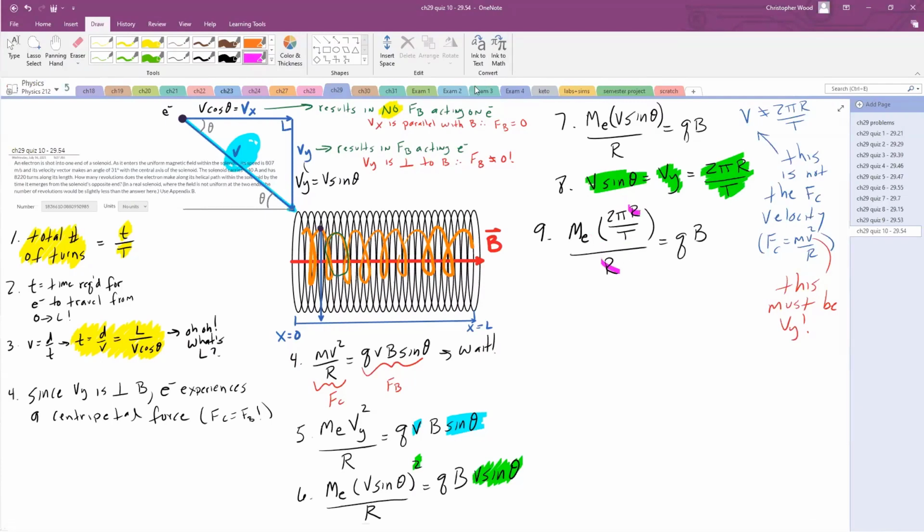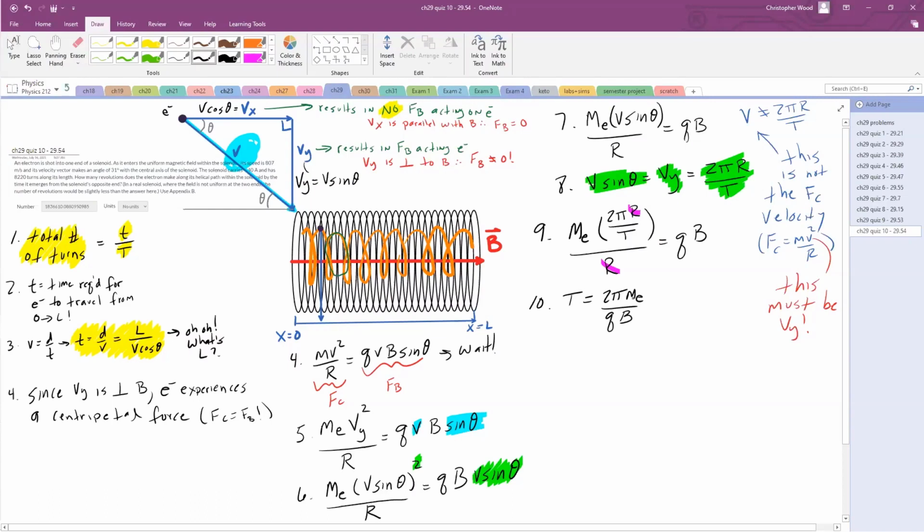So I'm going to get big T all by itself, and then I think I'm almost done. Because I got an expression for little t. Here's big T all by itself. Big T all by itself equals 2 pi mass of an electron over QB.